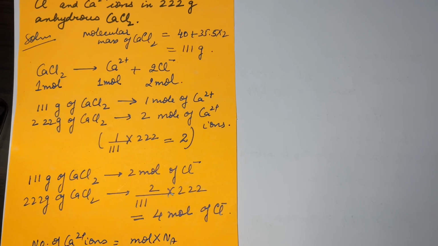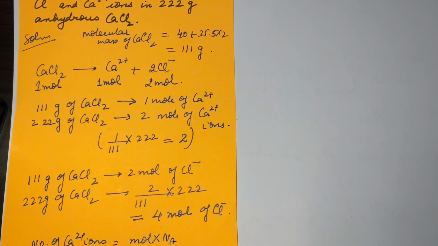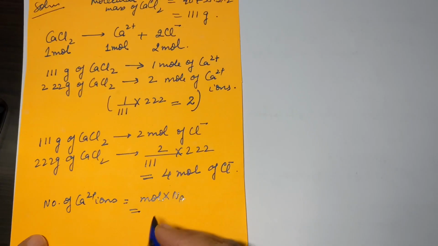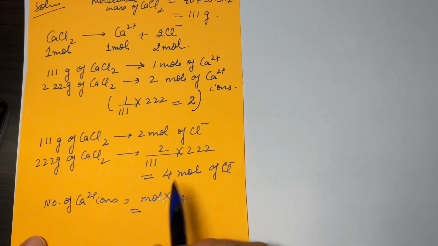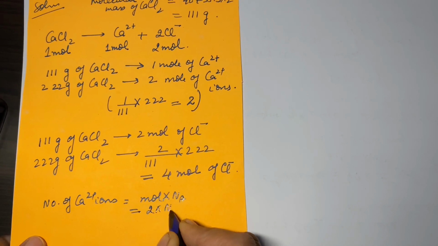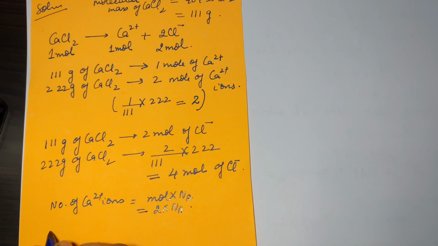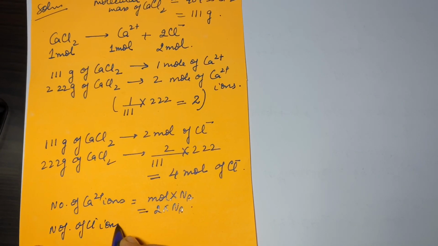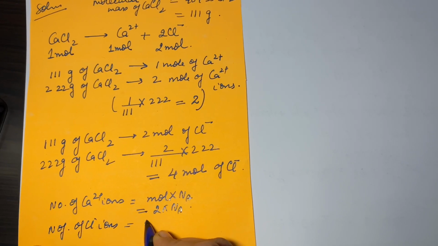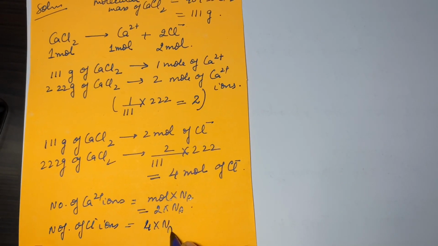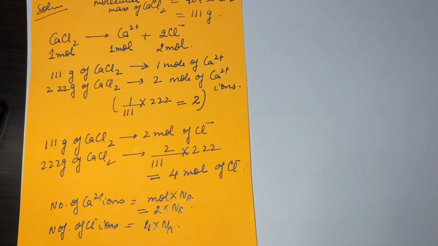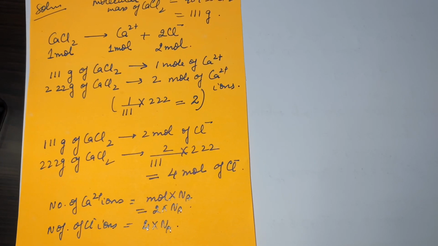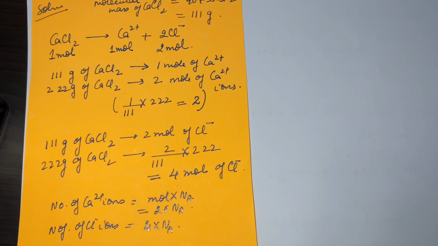How many moles are there? It is 2 into Na, and the number of chloride ions is equal to 4 into Na. So we can solve this question.